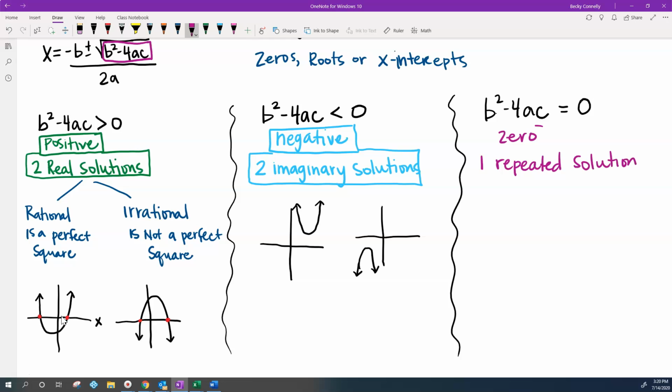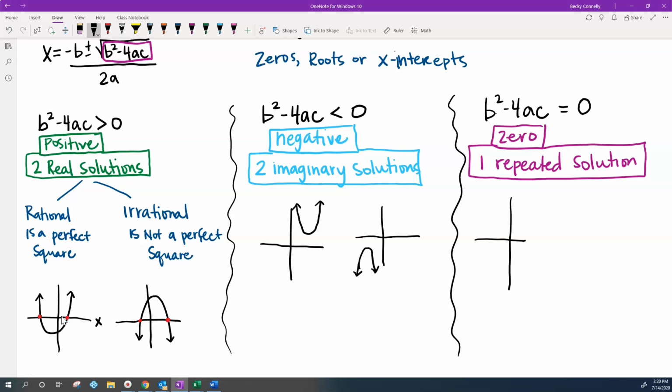If it comes out to be 0, then you're going to have one repeated solution.